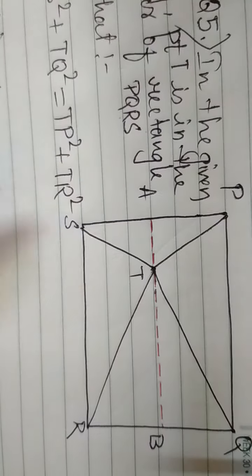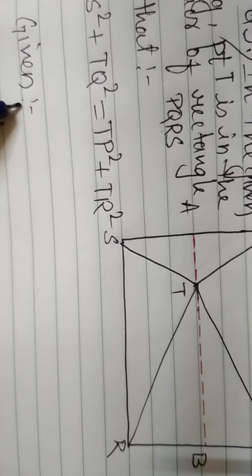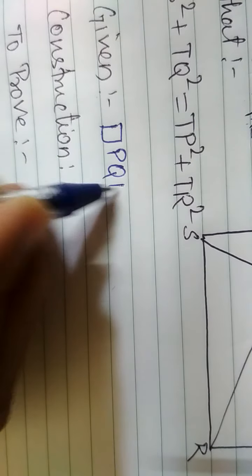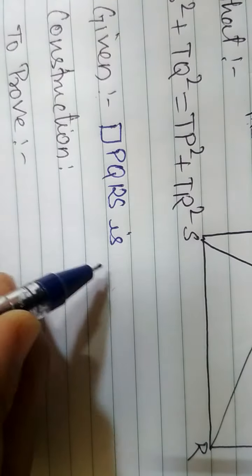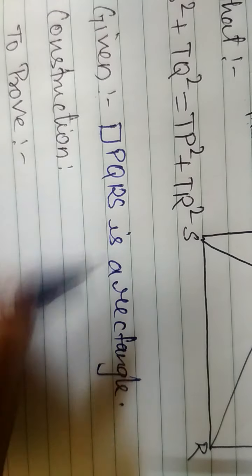So construction we have to do. Join AB. So what is there in the given? That is, quadrilateral PQRS is a rectangle. It is given from the question.